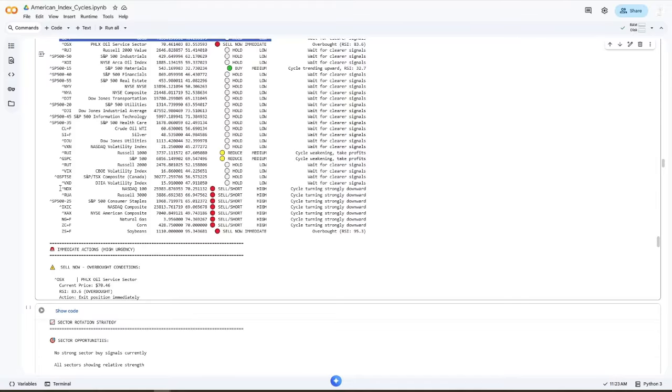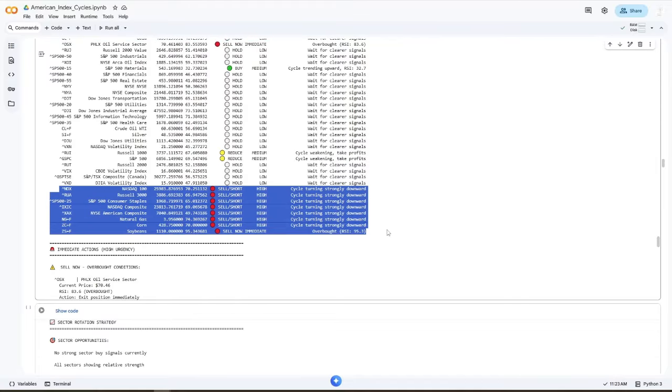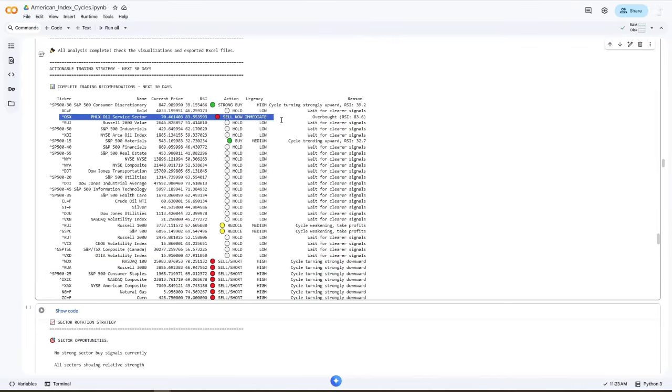So all in all, this model tells me in the short term I have a short signal for the NASDAQ 100, the Russell 3000, the NASDAQ Composite, and the NYSE American Composite, and even corn and soybeans, and the oil services.